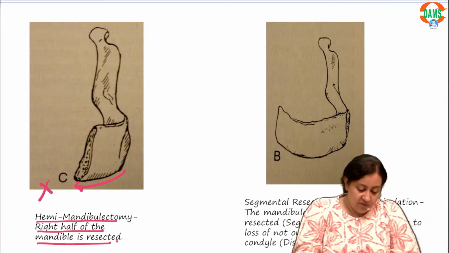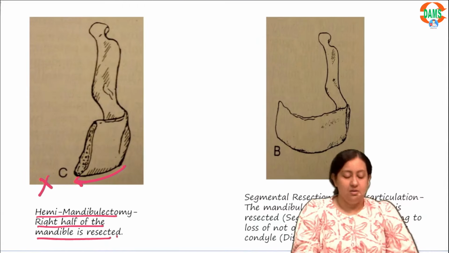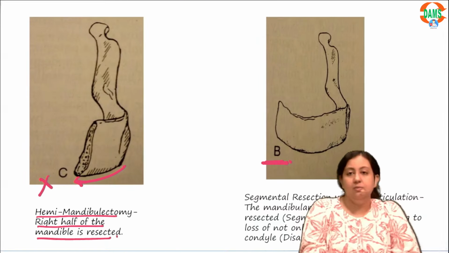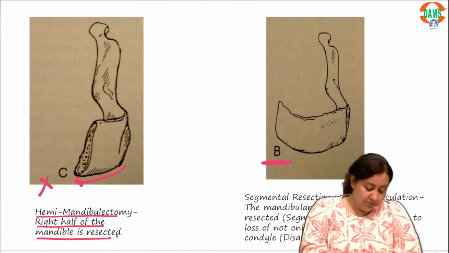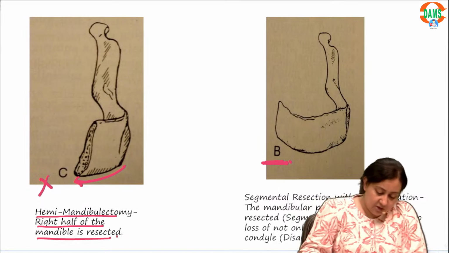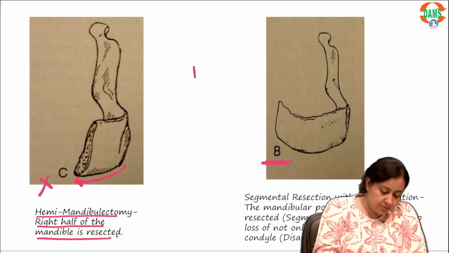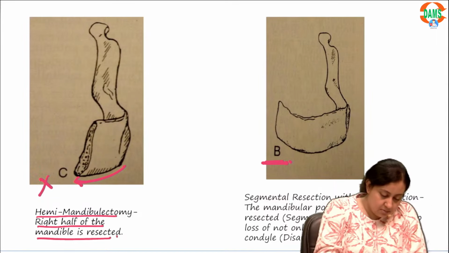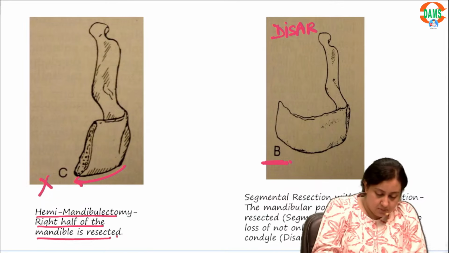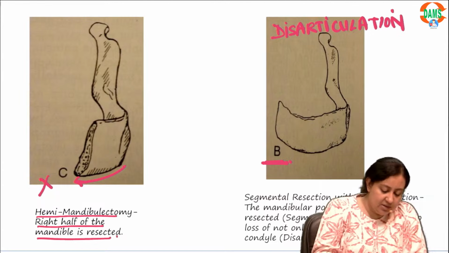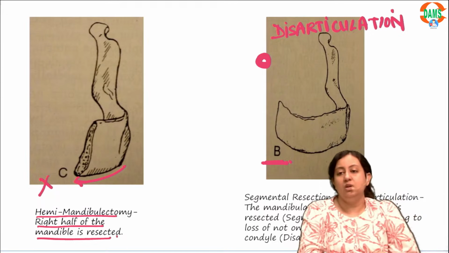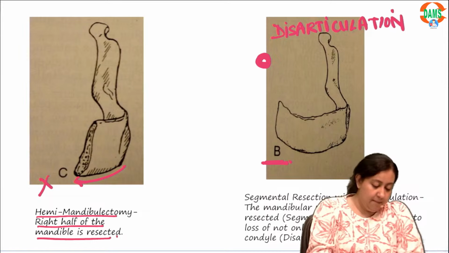Now, if you see this image, the second one, this is basically telling you about disarticulation. So if you see here, the joint is lost over here. There is no TM joint.